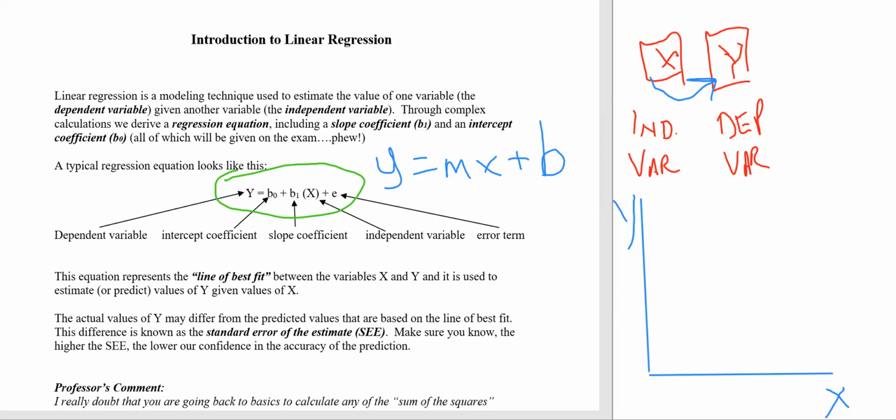These might be historical values, back to my example of consumer spending and GDP. And through this process of ordinary least squares, we will come up with a line of best fit. That's what we're after here, this line of best fit.